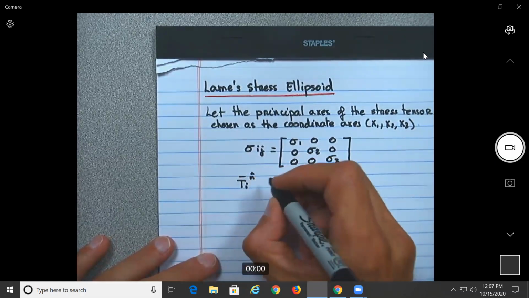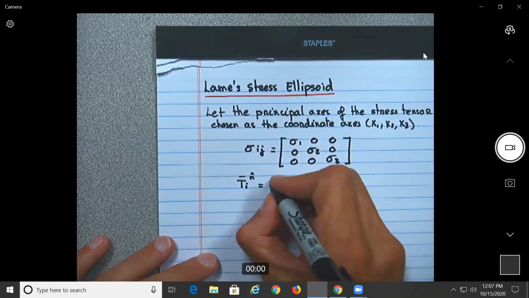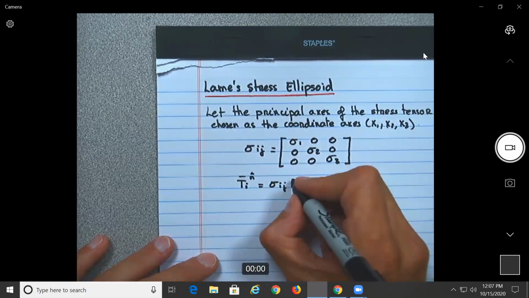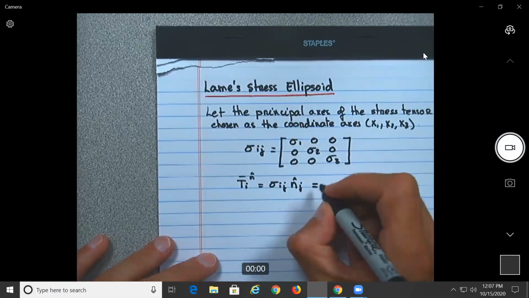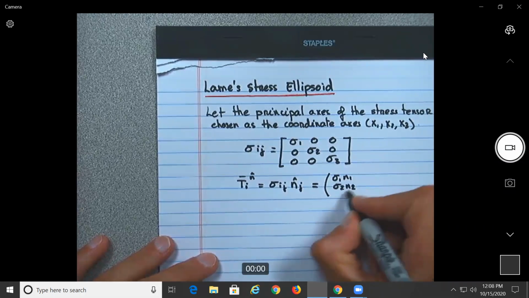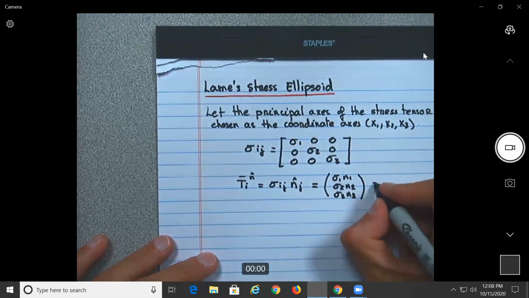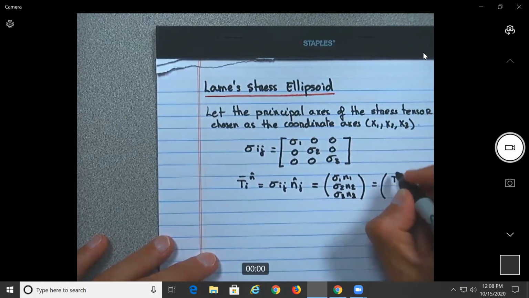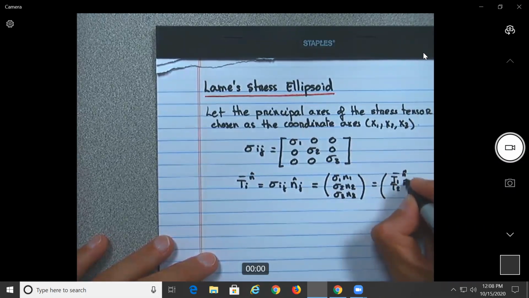So it will be Ti of the normal vector n is equal to the sigma ij nj, which basically, if you expand it, is just equal to sigma 1 n1, sigma 2 n2, sigma 3 n3, which is equal to the stress vector T1 and T2 and T3, and you don't need the n if you don't want, okay?